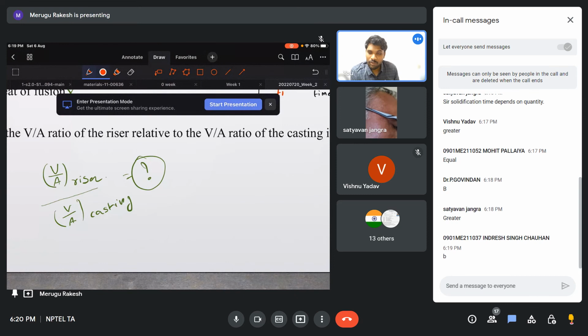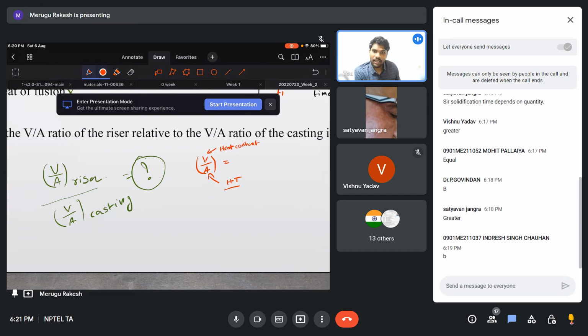What exactly is happening here is that in the volume to area ratio, volume says how much heat content I can hold, and area says how much heat transfer. If the surface area is more, the heat will diffuse much faster, and if the volume is very high, we have so much heat content in it.